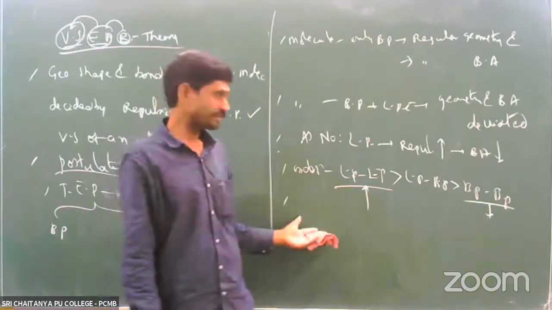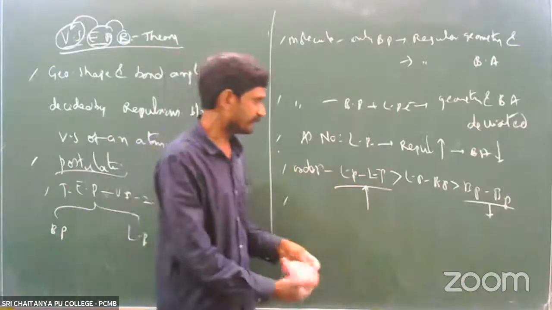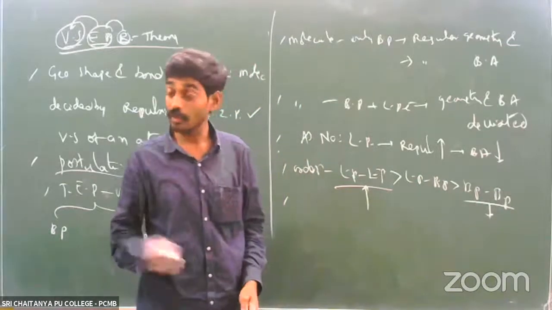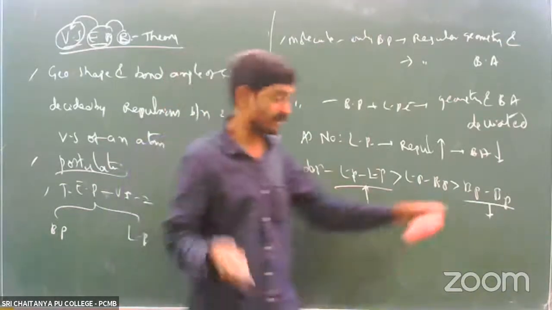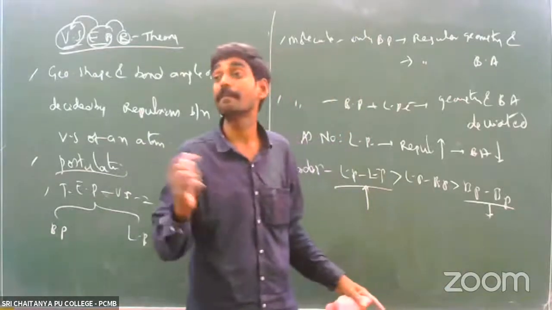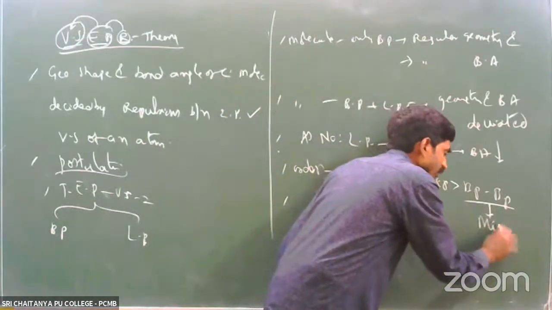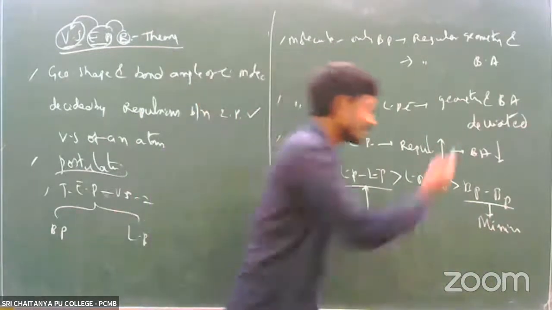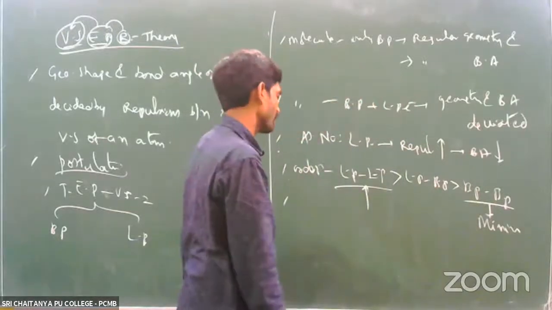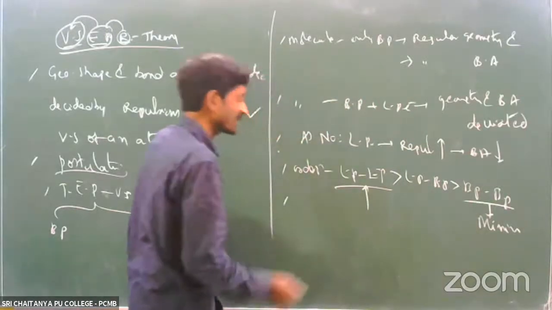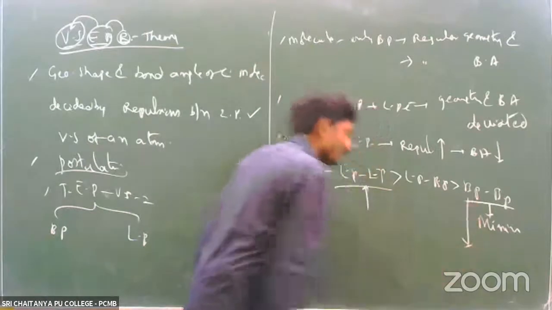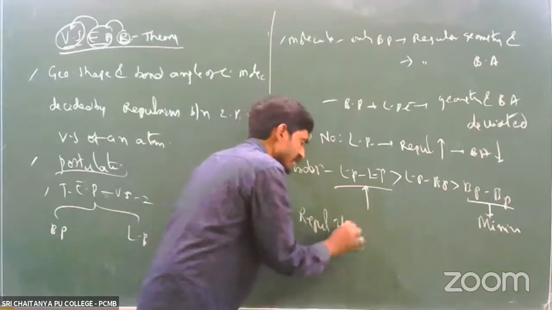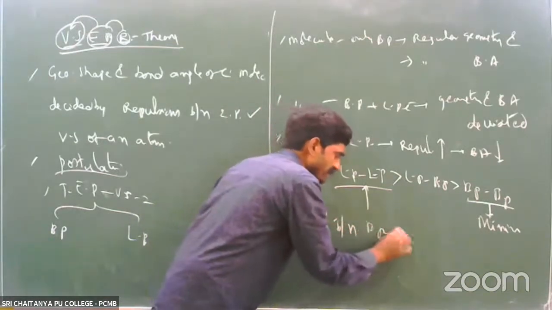Now, what about bond pairs? With bond pairs also repulsions are there, but minimum. How can you know the strength of repulsions between two bond pairs of electrons?